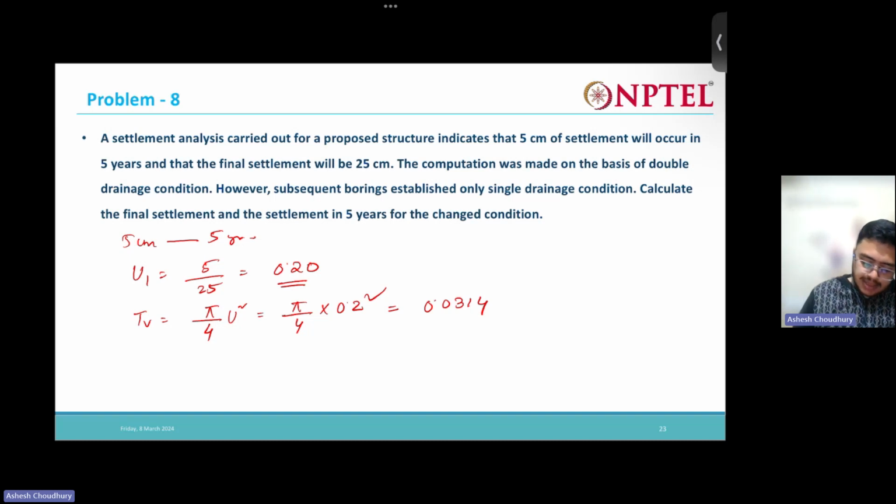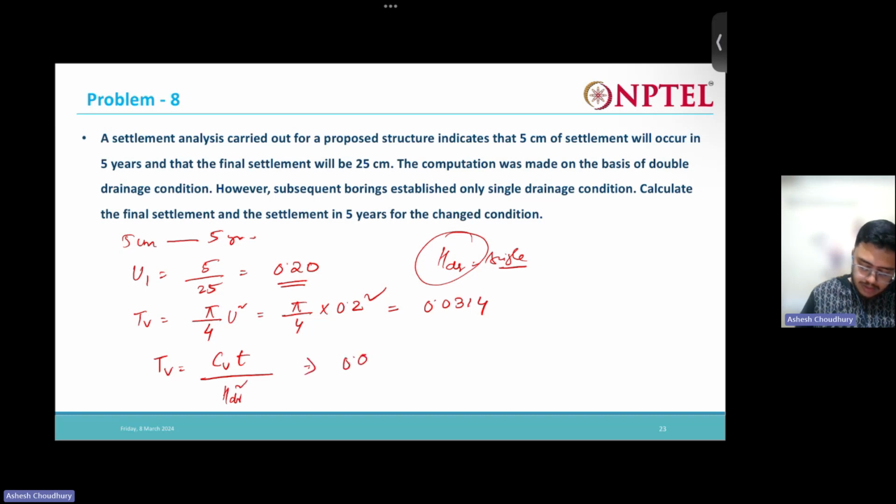All right, and in this case what is the drainage? Single drainage, right? Here it is single drainage. Now let us use the equation. T is equal to CvT by HDR square.